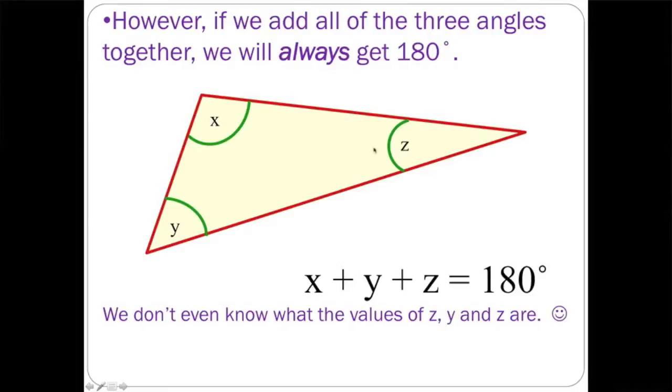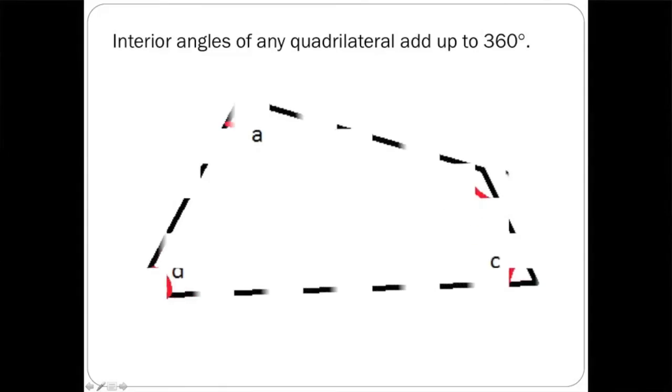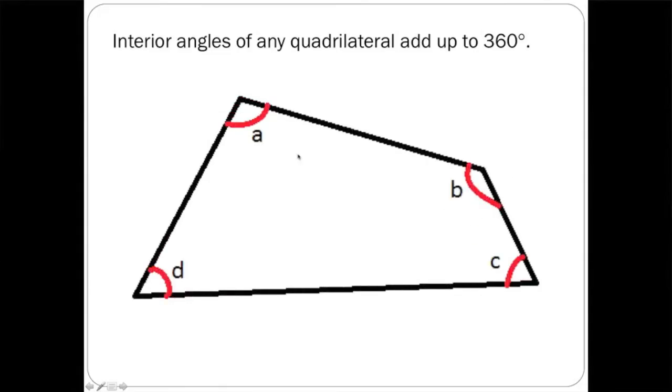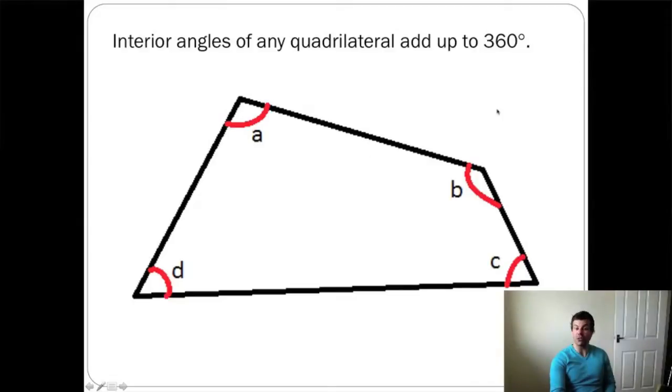But we know that if we add the 3 of them together, we must get 180 degrees. Likewise, the interior angles A, B, C, D of a quadrilateral always add up to 360 degrees. That's irrelevant of what A, B, C and D are independently.